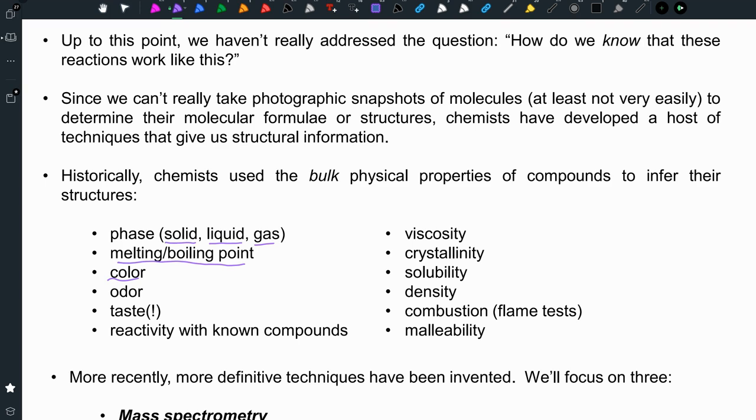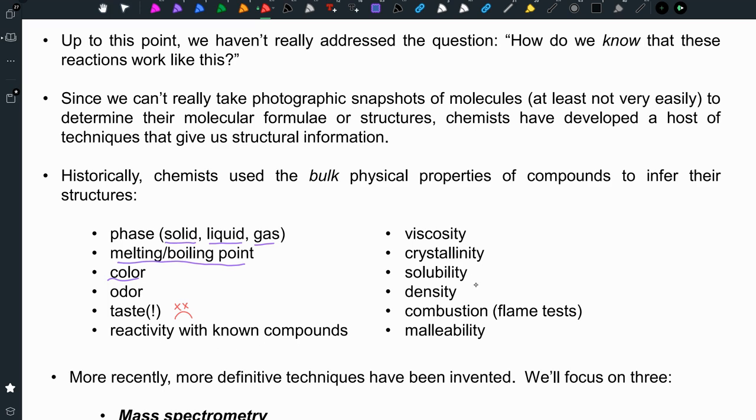One thing that we don't do in the lab anymore is taste chemicals. This is something chemists definitely did a lot of in the 19th century, maybe even early 20th century. The thing is, chemists also had a bad habit of dying young, so we don't really want to taste any chemicals now.